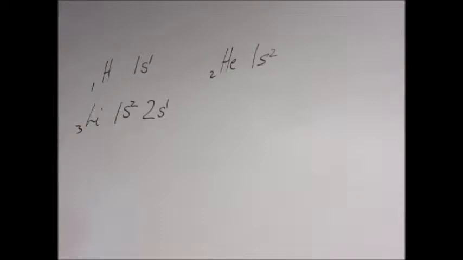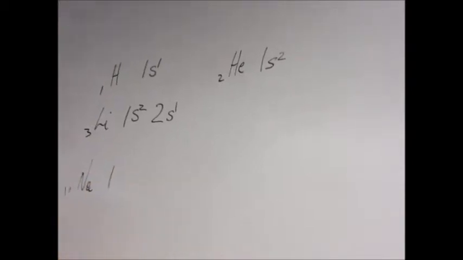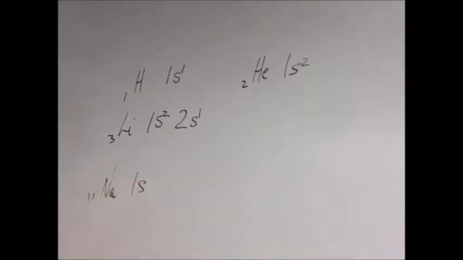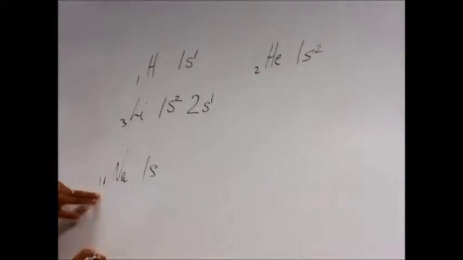All right, and today we're going to go through some of these things really fast. But I want to show you some patterns before I do that. So after lithium, let me go ahead and take sodium. And sodium is 11. And again, I'll start with the first shell, S electrons, and I have to fill 11 electrons now.